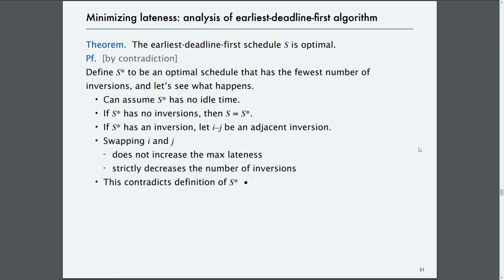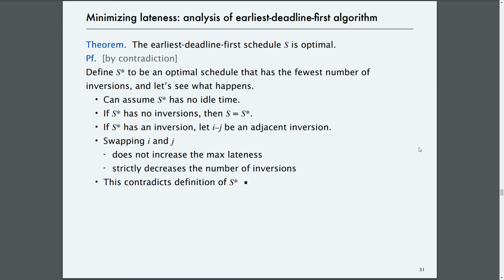So let's define S star to be an optimal schedule that has the fewest number of inversions. And we can assume there's no idle time. Now, if there are just no inversions at all, then the schedule we have so far is equivalent to the one produced by the earliest deadline first algorithm. So S is just equal to S star. However, if there is an inversion, then let i, j be an adjacent inversion.